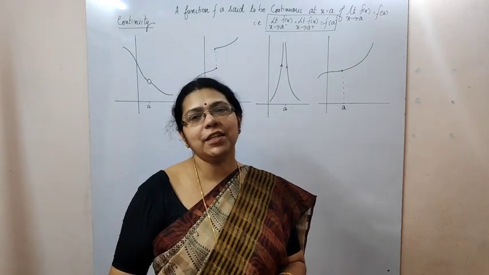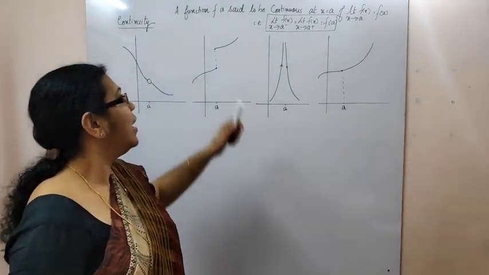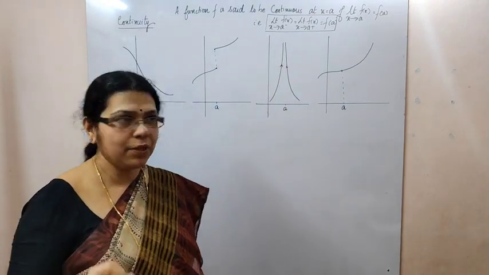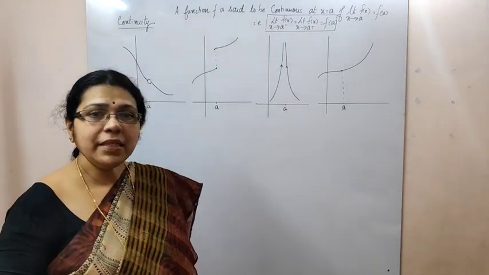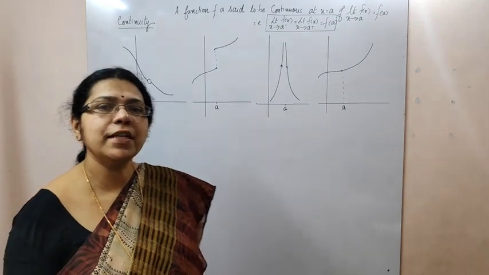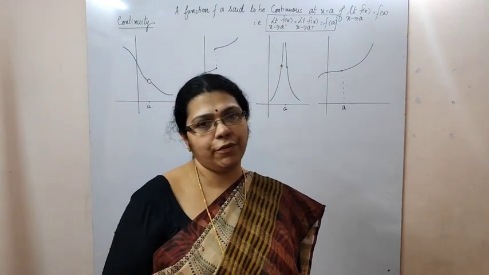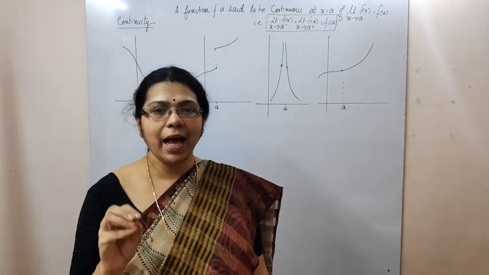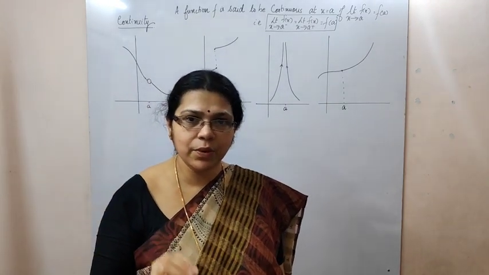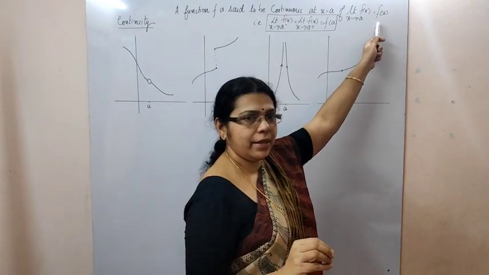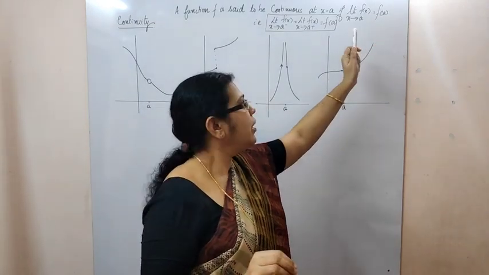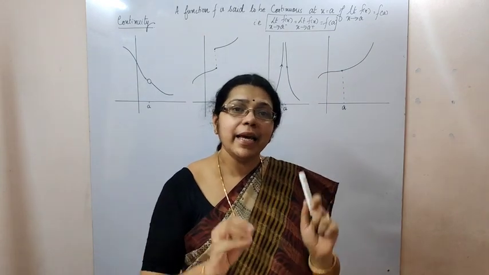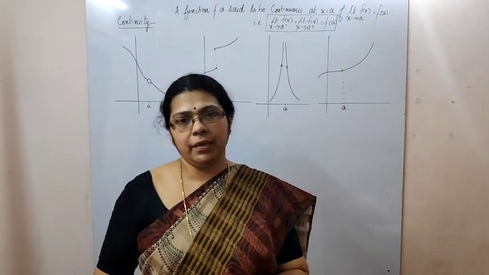The definition of continuity says that a function f is said to be continuous at x is equal to a if limit x tends to a f of x is equal to f of a. That means the value of the function at x is equal to a, that is f of a, must be equal to the value of the function f of x as x tends to a.